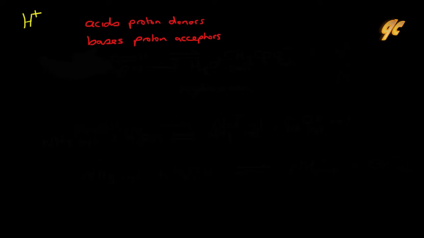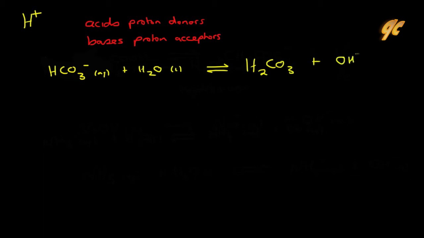Another example is for the hydrogen carbonate ion, HCO3 negative. The hydrogen carbonate ion is basic as it comes from a metal hydrogen carbonate. If we then were to react this in water, we find that we make carbonic acid and we make the hydroxide ion.